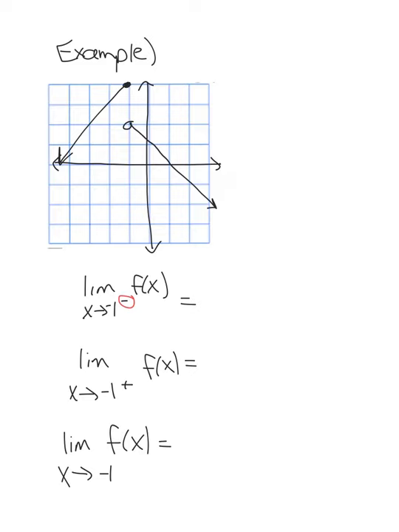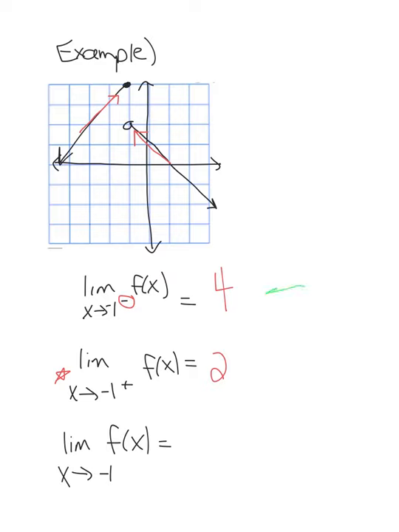I'm going to approach -1 from the left, and that limit is going to be, let me count, 1, 2, 3, 4. Now, the second one: the limit as x approaches -1 from the right of f of x, so that's coming this way, is going to equal 2.